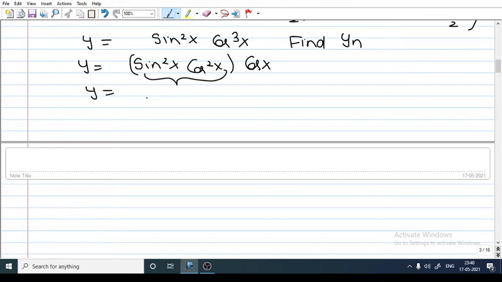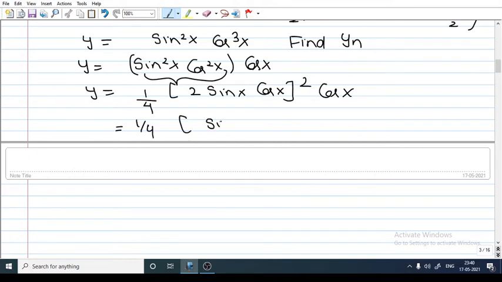If I multiply and divide by 4, 1 by 4 will be outside, and here it will be 2 sin x into cos x, the whole square into cos x. Very easy. After this we are going to write 1 by 4 sin 2x, the whole square into cos x.